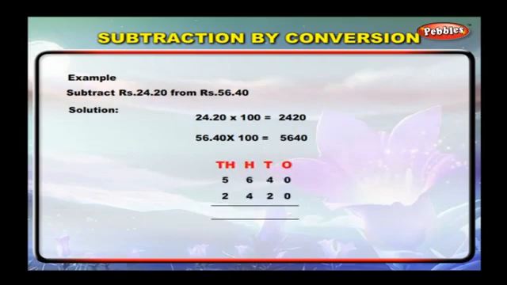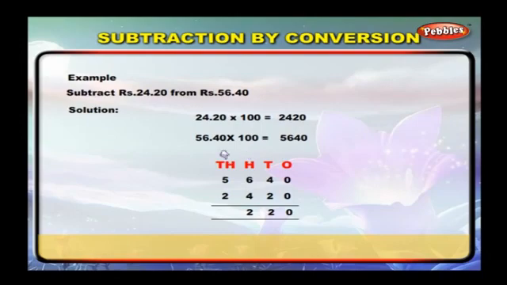Step 3. Subtract ones. 0 minus 0 is equal to 0. Subtract tens. 4 minus 2 is equal to 2. Subtract hundreds. 6 minus 4 is equal to 2.